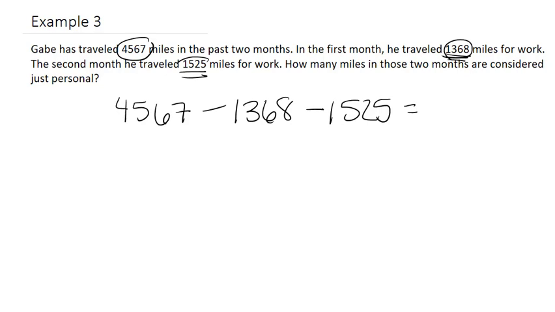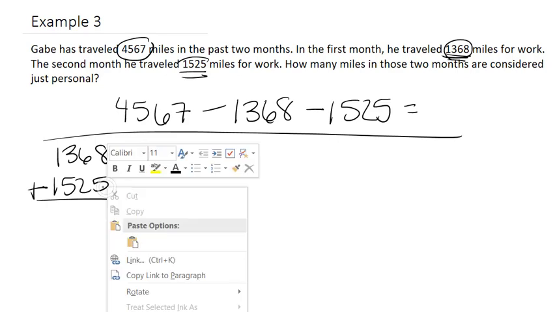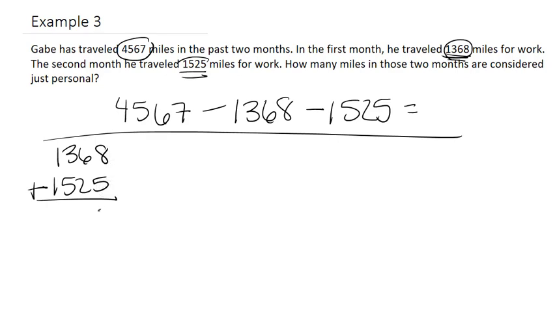So we have 1,368 plus 1,525 because we're adding up all the miles to work. So we have 8 plus 5, which is equal to 13, and we're going to carry that 1. So 1 plus 6 is 7, plus 2, which is 9. Then we move to the left.